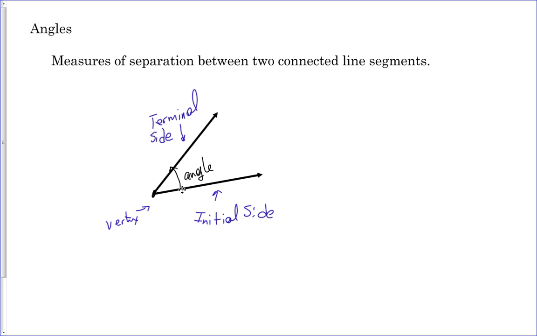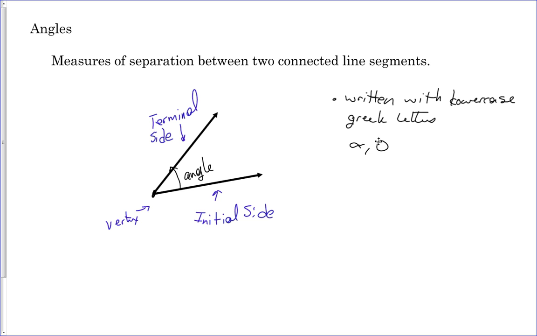Now normally, angles are written with lowercase Greek letters, such as alpha.